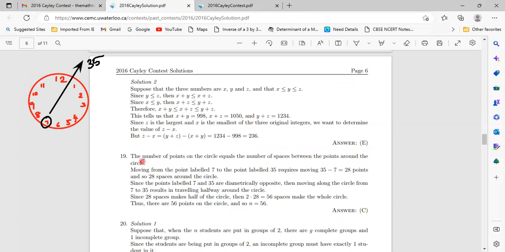Okay, so they're saying that the number of points on the circle equals the number of spaces between the points around the circle. I'll give you a formula for this. This might be helpful for finding the total number of points.